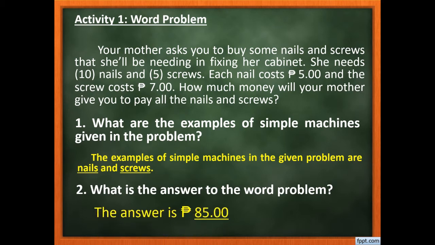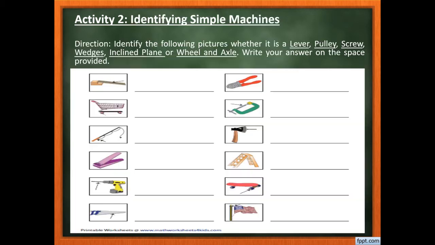Correct! The answer is 85 pesos. For your activity number 2, you are going to identify simple machines. Identify the following pictures, whether it is a lever, pulley, screw, wedges, inclined plane, or wheel and axle. Write your answer on the space provided.